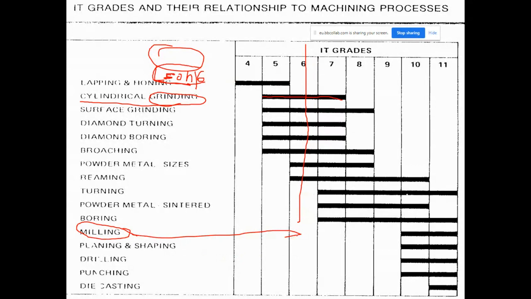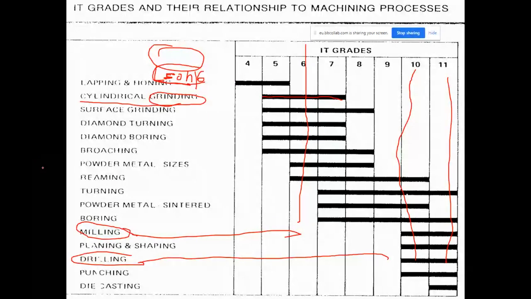It is going to be the wrong process. The finishing process cannot be a milling process. Applying the drilling process, from here you can see that the IT tolerance grade may be 10 minimum, maximum 11 or more. So this is also a valuable table to answer such a question.